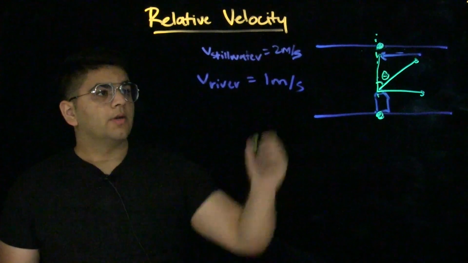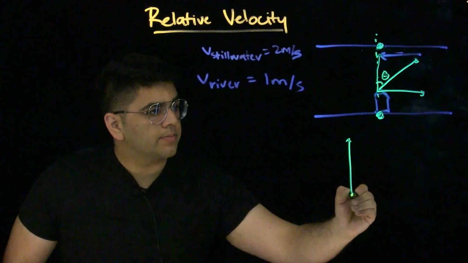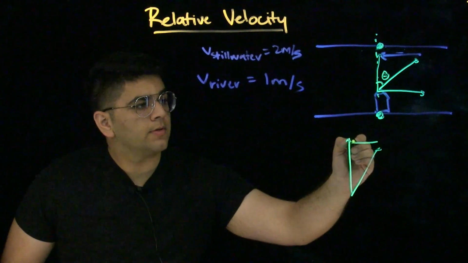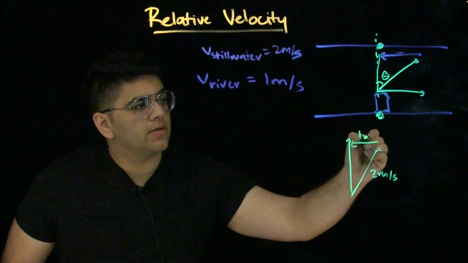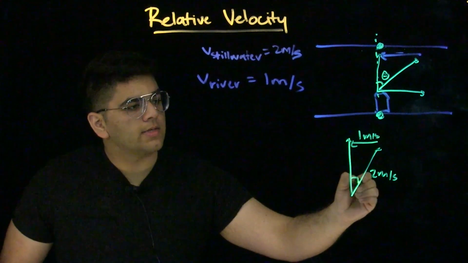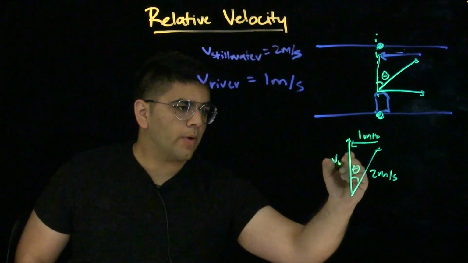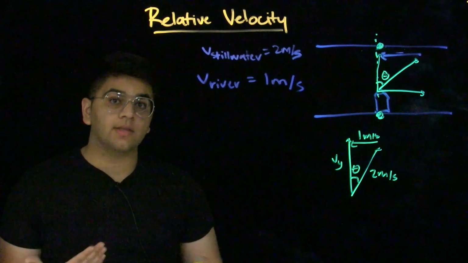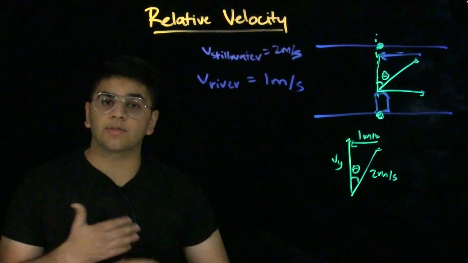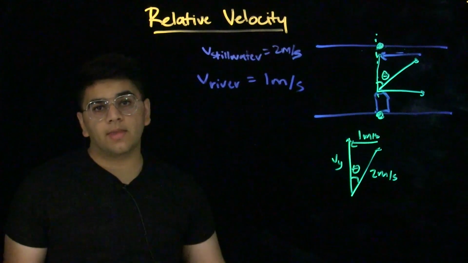So we know in our little diagram, this is 2 meters per second, this is 1 meter per second, and this is the angle. And this is our y velocity. So, in this vector addition, you're mostly considering just a simple trigonometric problem. So let's first find the angle.